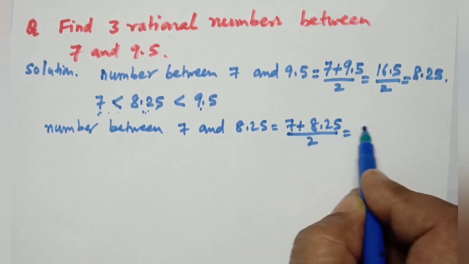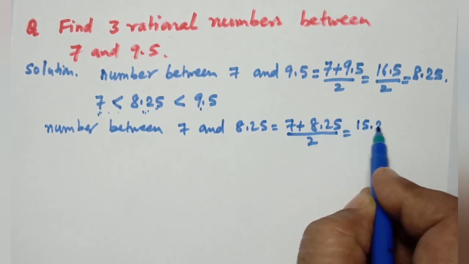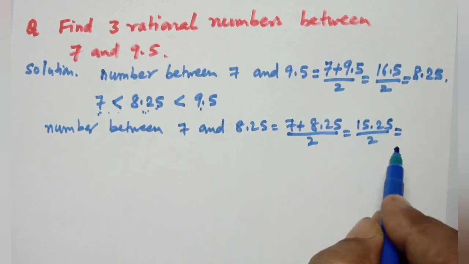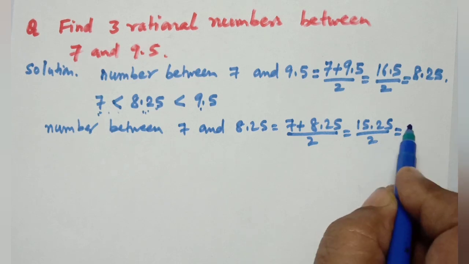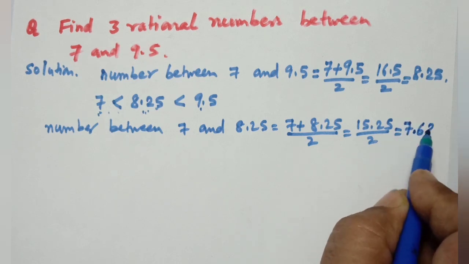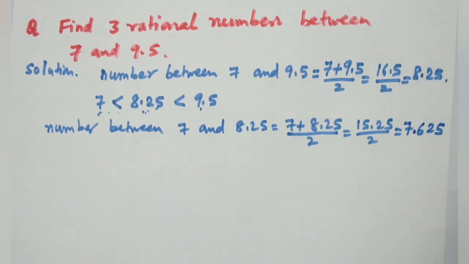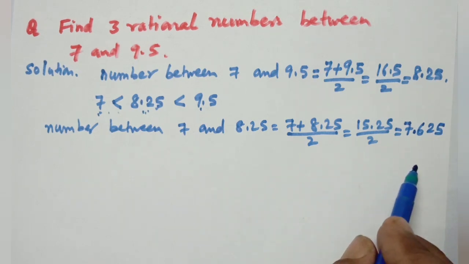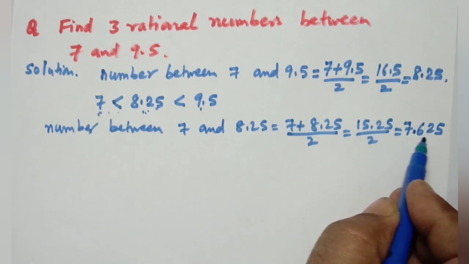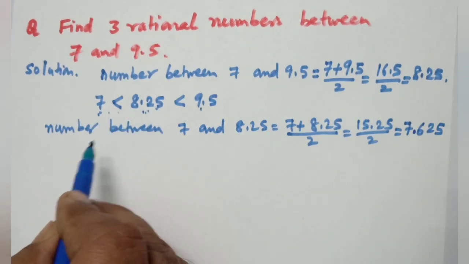If you add them, this becomes 15.25 by 2. If you divide 15.25 by 2, we get 7.625. Clear? Understood? Now this 7.625 is between 7 and 8.25.